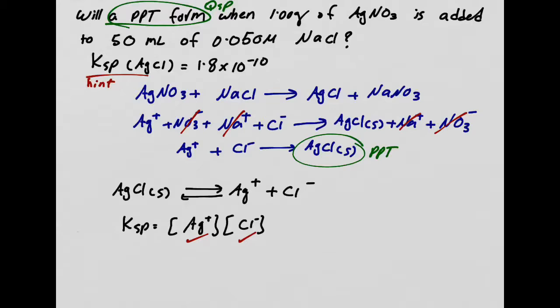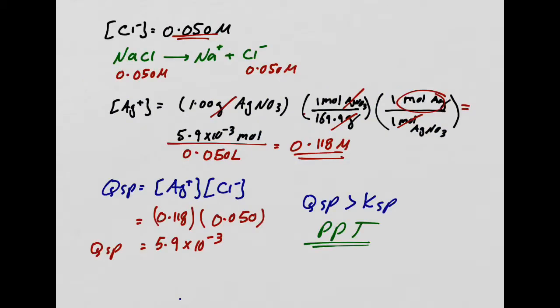What are the concentrations of all the values? You plug them in, you figure out QSP, and then you compare QSP to KSP. If QSP equals KSP, there's no precipitate, you're at equilibrium. If QSP is larger than KSP, you went over it. You have precipitate in the solution.